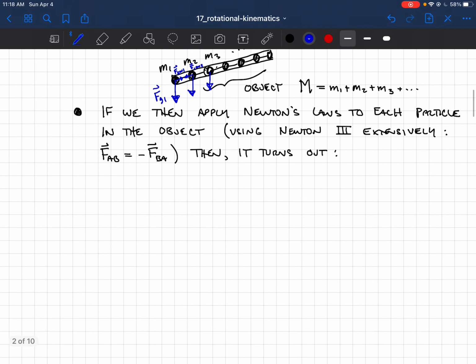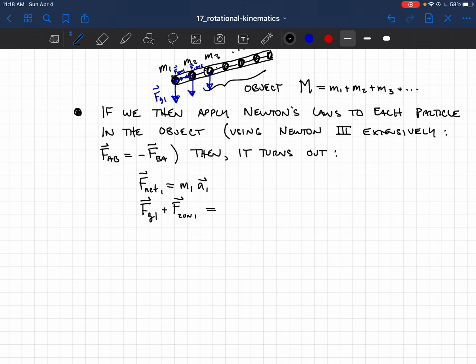So I'm going to use that picture above as my example. We have Newton's second law for the first object, which is F net 1 is equal to M1 A1. And in this particular case, when it's only exposed to gravity, we have Fg1, and then we also have F2 on 1. That was the other force on it, and that's equal to M1A1.